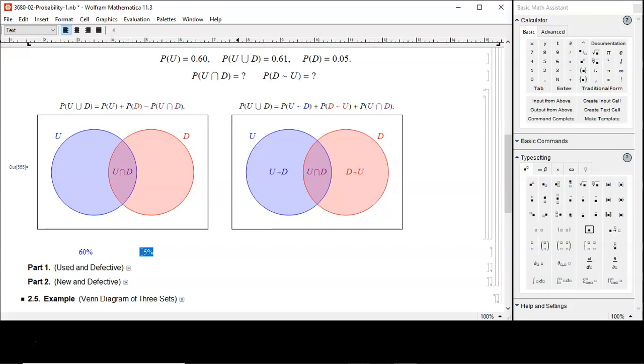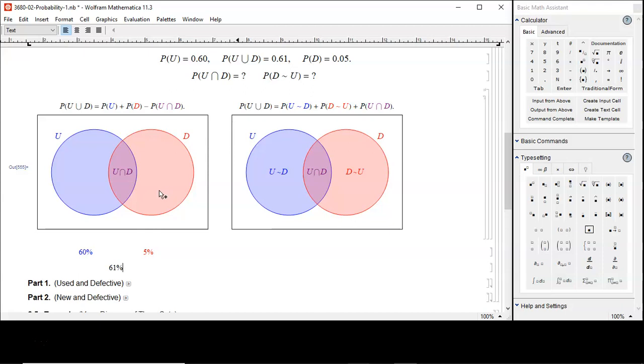And then in total, if I put everything together, that's 61%. All these together. That's the situation we are in.